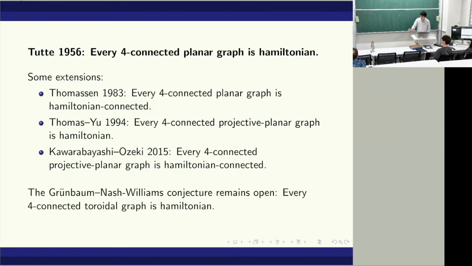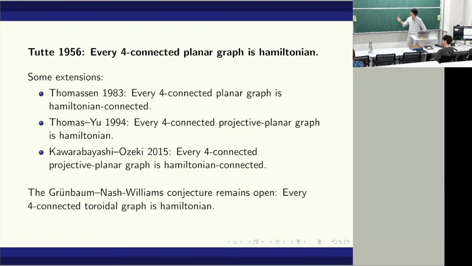This result has been extensively studied, and there are several famous extensions. For example, Thomassen proved that a 4-connected planar graph is not only Hamiltonian, it is Hamiltonian connected, which means that for every two distinct vertices in the graph, you can join them via a Hamiltonian path.